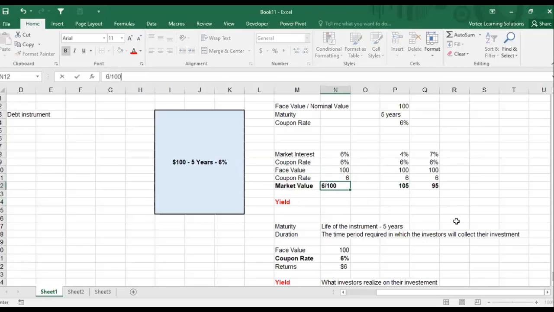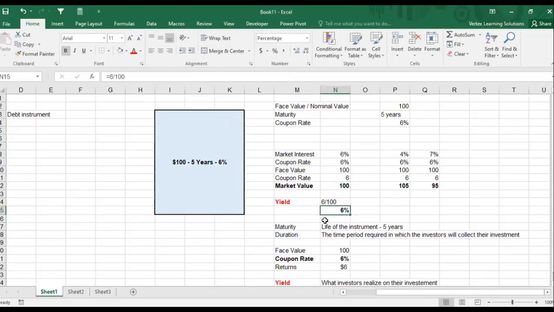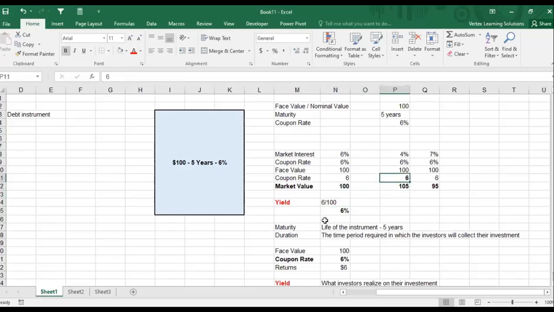So 6 divided by 100. So yield is 6 divided by 100, which is 6%. This is the yield here, 6%.